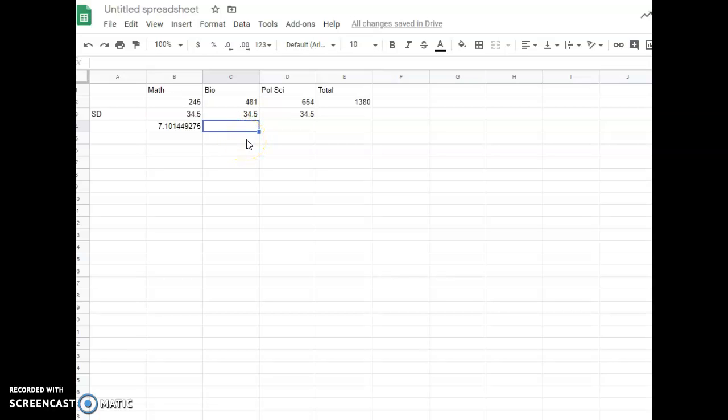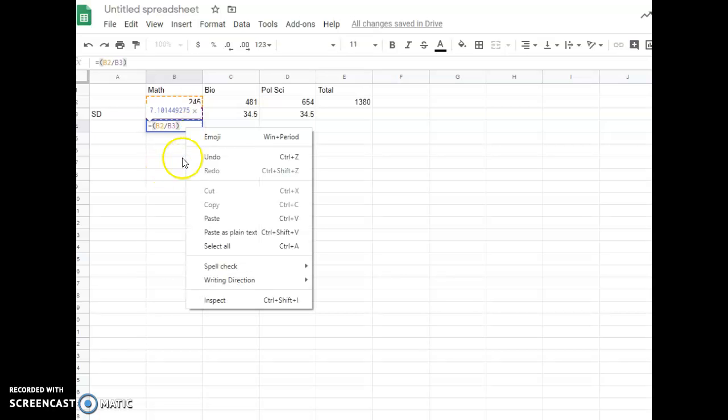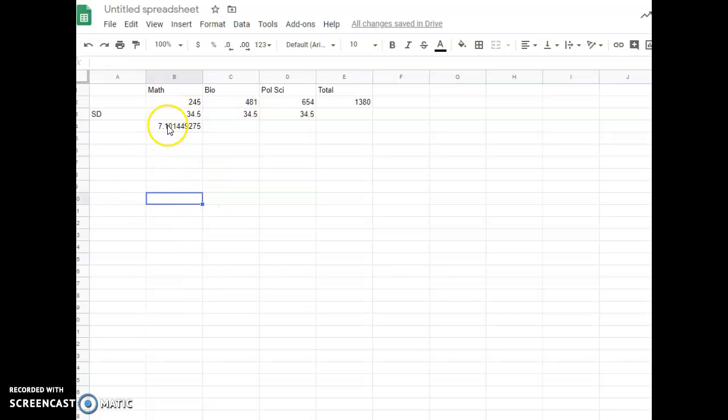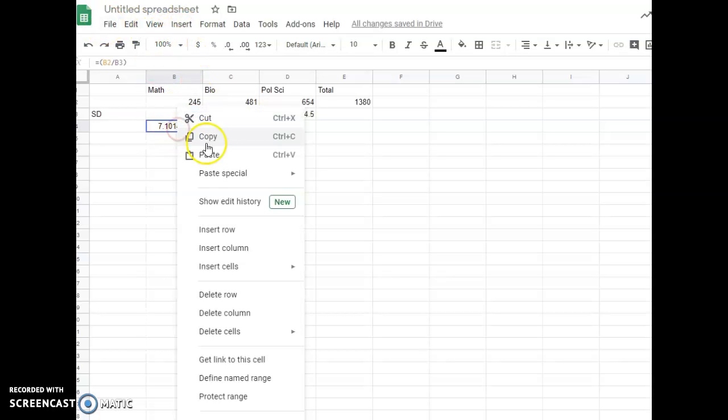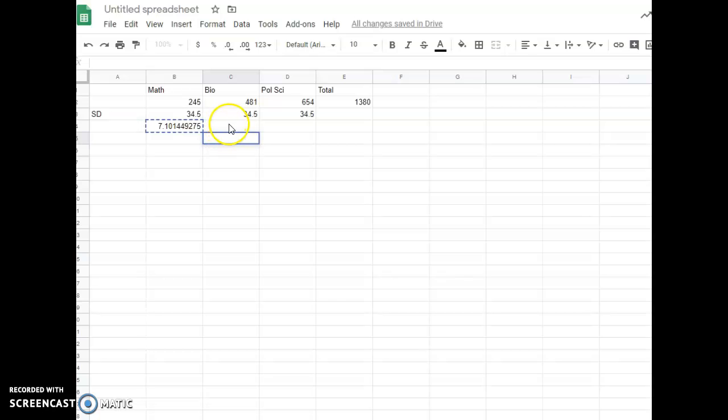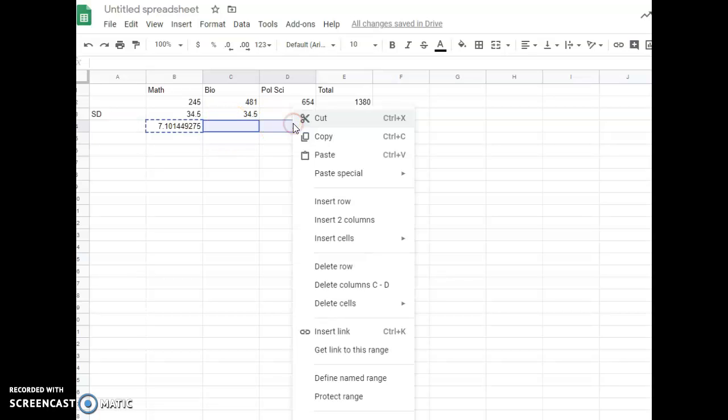Now I can do the same thing here. The reason it's nice to make this a formula is, see how it says equals B2 divided by B3? Well, I can copy this, hit copy, then highlight the next cells and paste it.